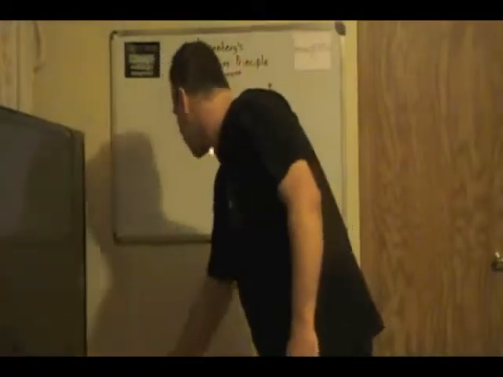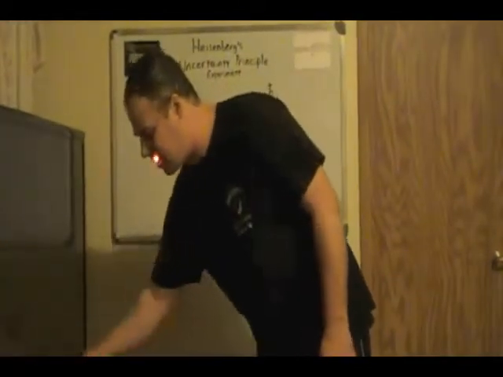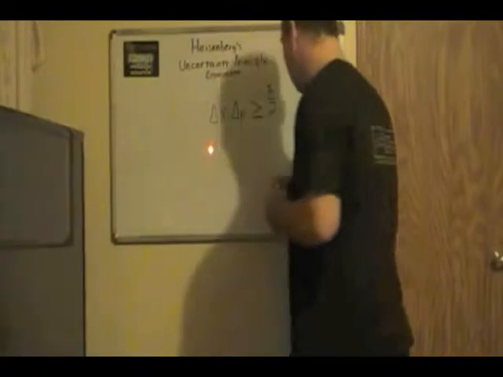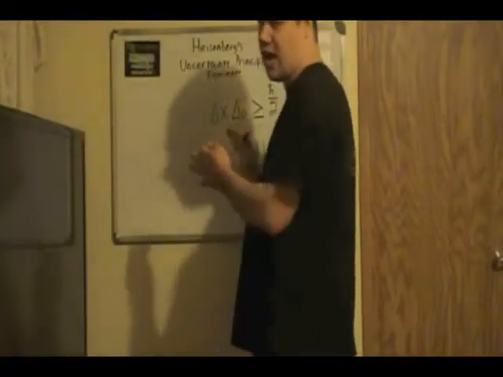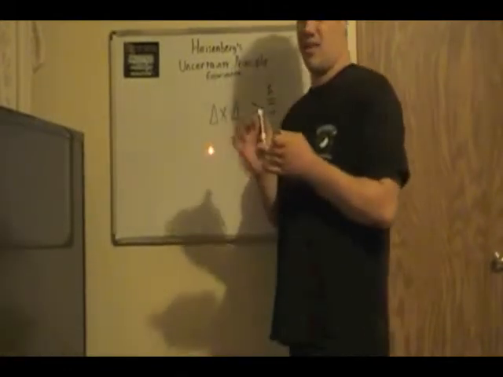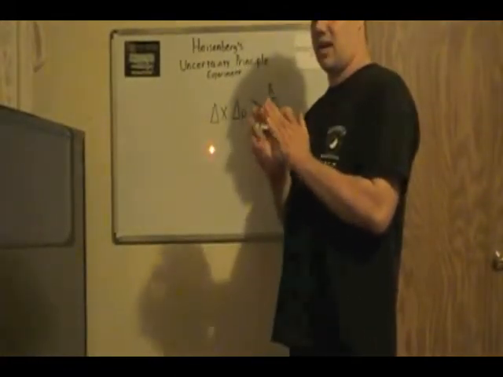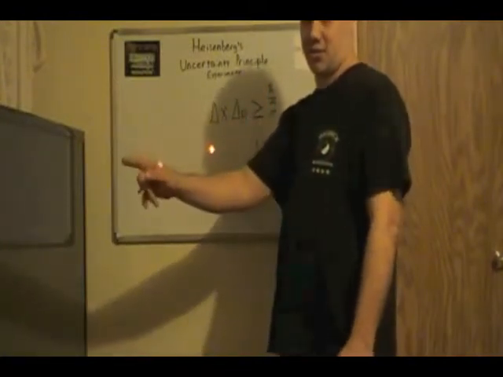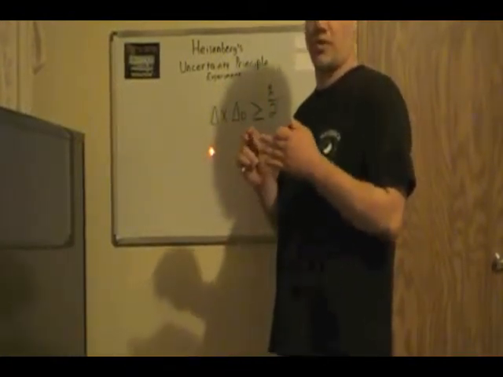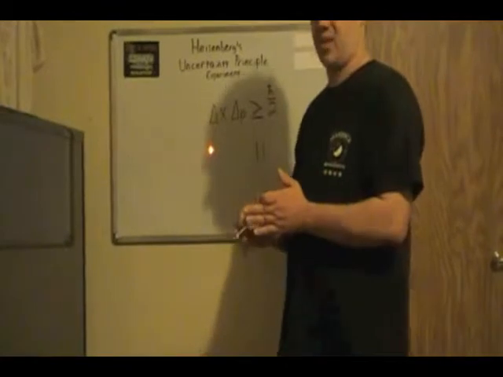And eventually we're going to reach a point where the gap between them is so narrow that we have defined the position of photons passing through it with too much precision.